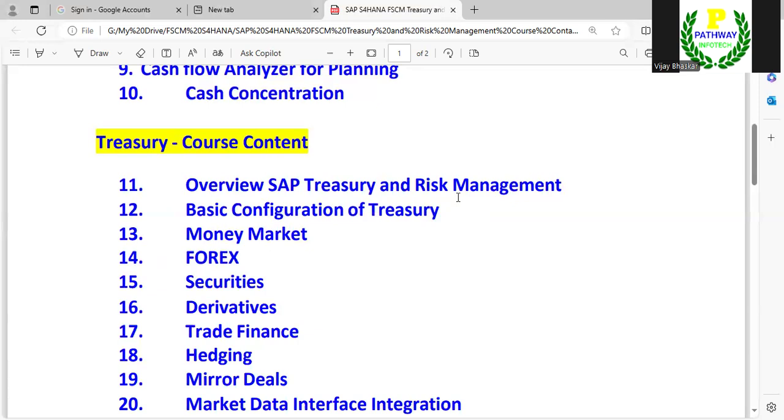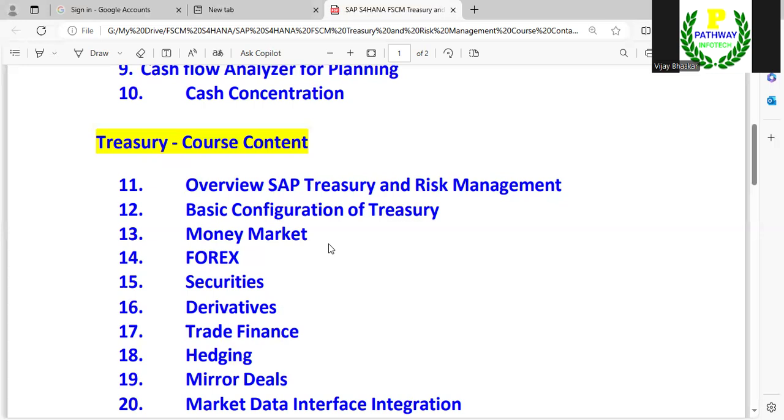How we are going to mitigate the risk and manage working capital by applying the risk tools here. Then basic configuration of treasury: money market, foreign exchange, securities, then derivatives.